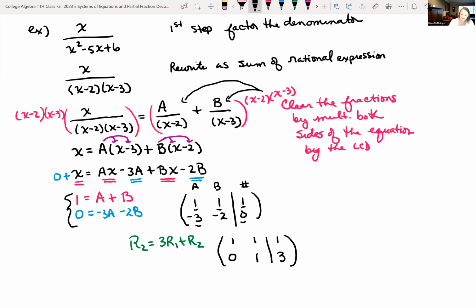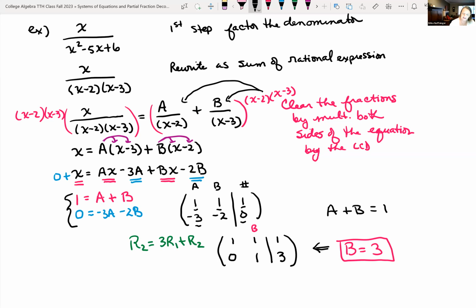So technically, I could read off from this augmented matrix, that last row, that's my B. I have 1B equals 3. So I know what B is. That first row, I have capital A plus B equals 1.